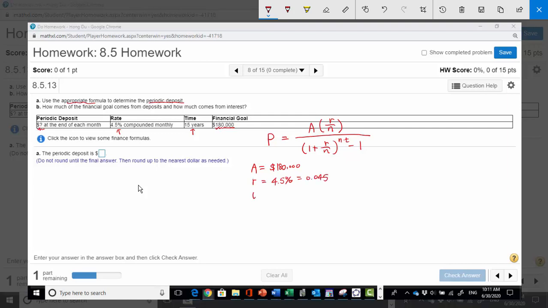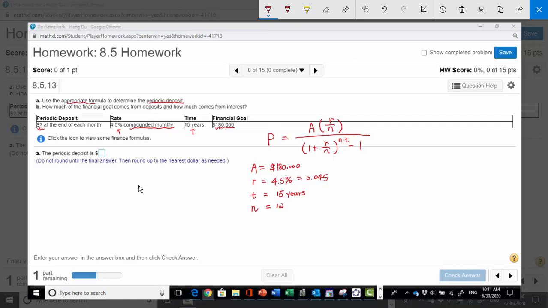T, the time in years, is 15 years in the problem. N is not explicitly given, but it says the interest is compounded monthly, which is a hint. If it's compounded monthly, that means N equals 12.